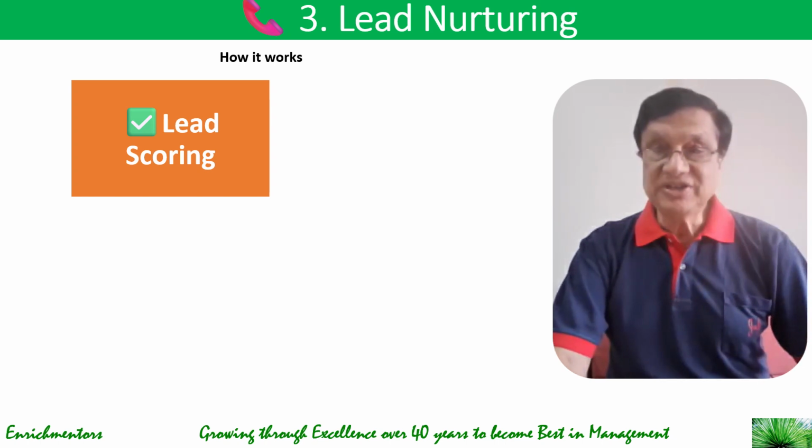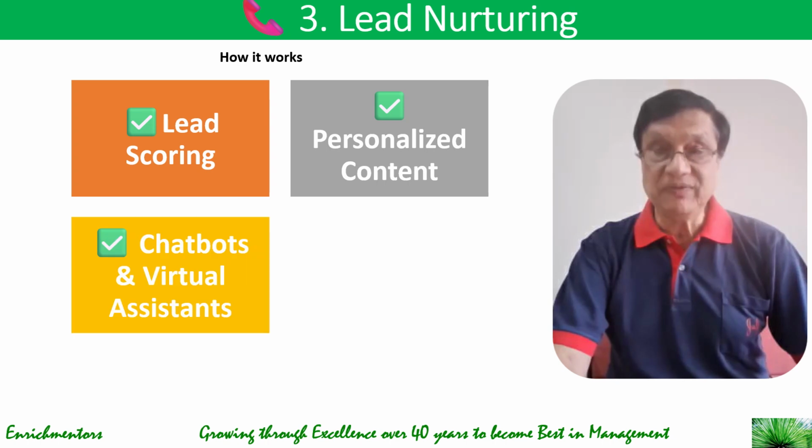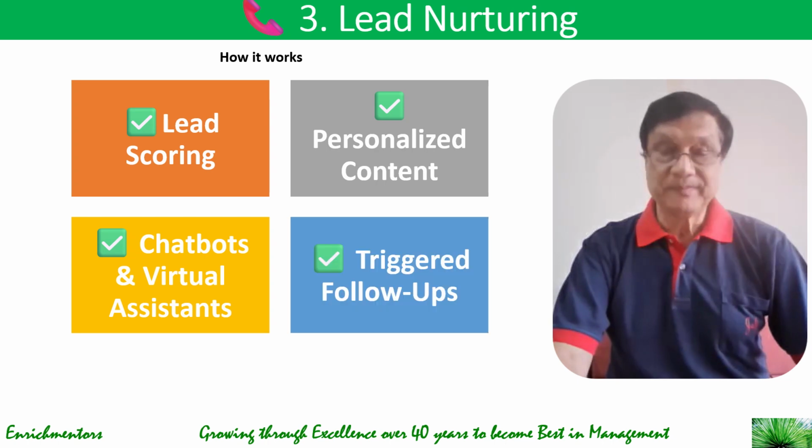Then AI recommends blogs, posts, case studies, or webinars based on the lead's interest and journey stage by personalizing the content. And AI chatbots handle FAQs, schedule demos, and guide leads through the funnel. And also, AI triggers a sequence of emails or SMSs when a lead takes a certain action, like downloading a white paper, etc. So it does a triggered follow-up, right?